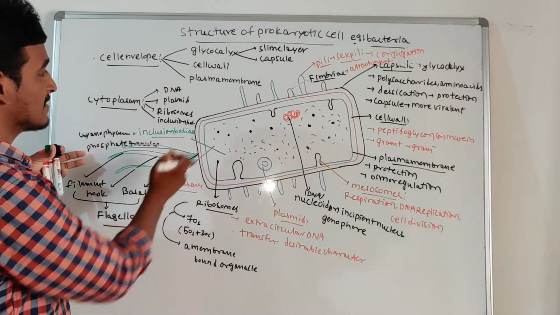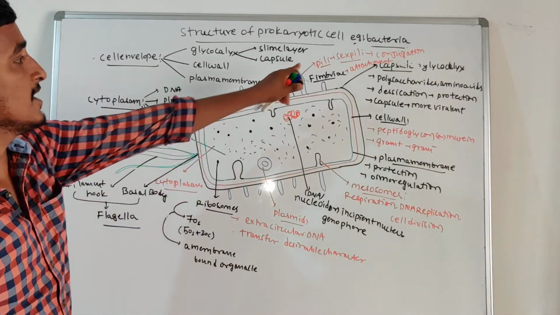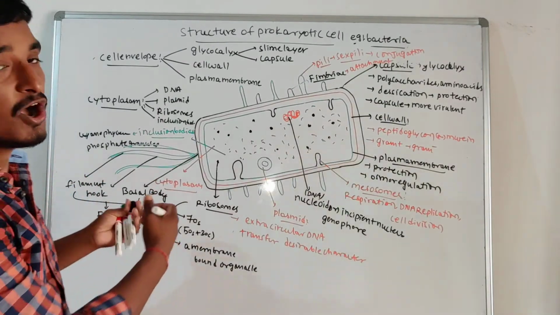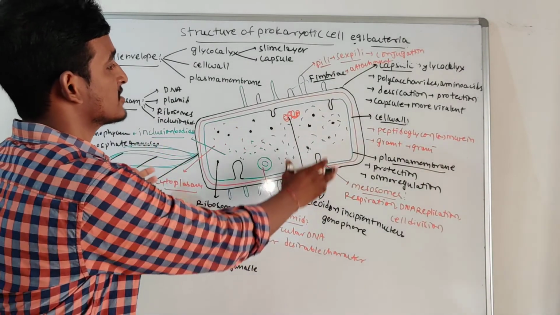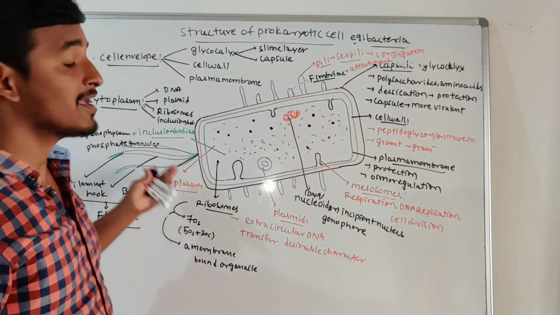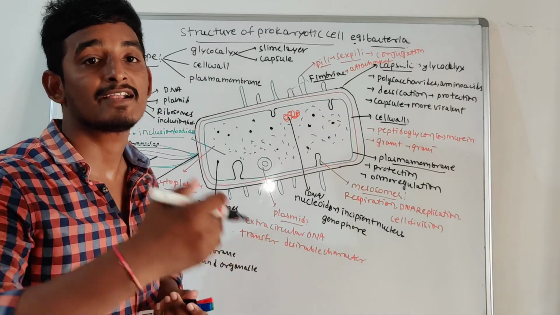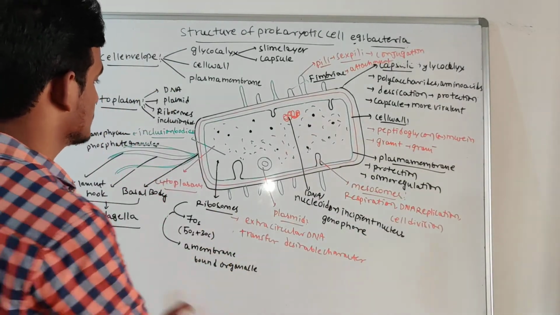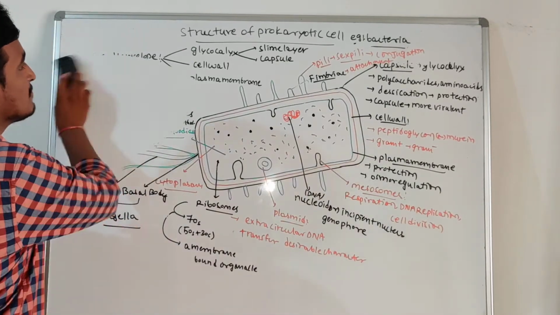These are the surface appendages. What are those? Pili, fimbriae and flagella. They help in movement, right? So that is the structure of a bacterium. Based on the flagella number, the bacteria are classified into various types. Now we are going to discuss those types.